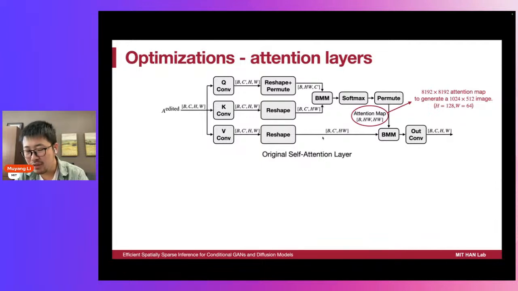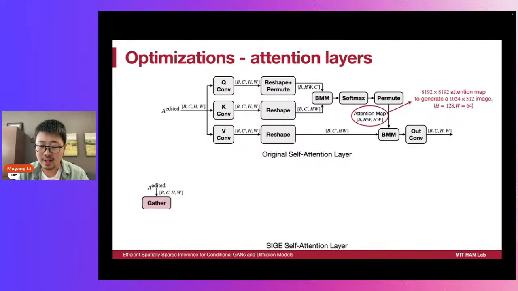However, we still find that even after the self-attention layer, the feature maps are very similar in the unedited regions. This enlightens us to only recompute the output of the edited tokens, the edited query tokens. So in the SIGE attention block, we first use a gather to prune the unedited tokens and only preserve the edited ones. Here, N denotes the number of edited blocks, and H and W denote the height and width of the block.